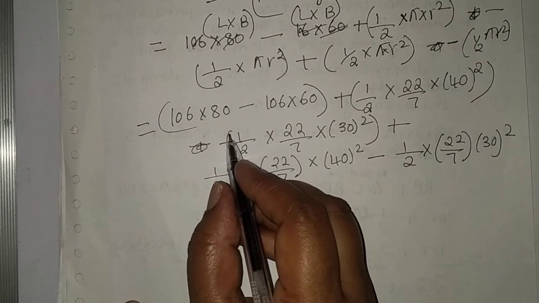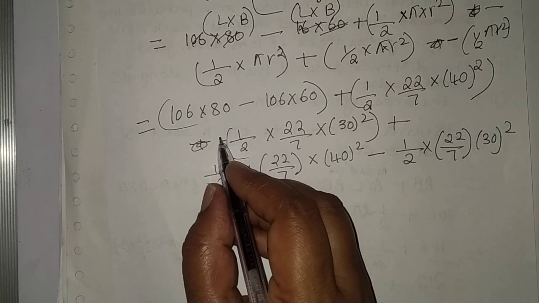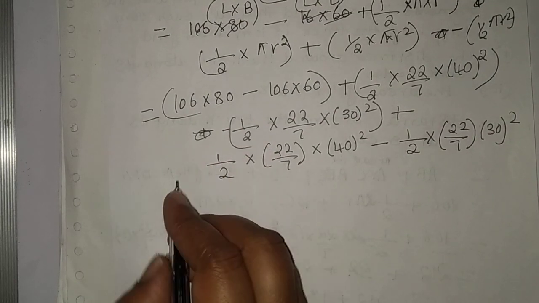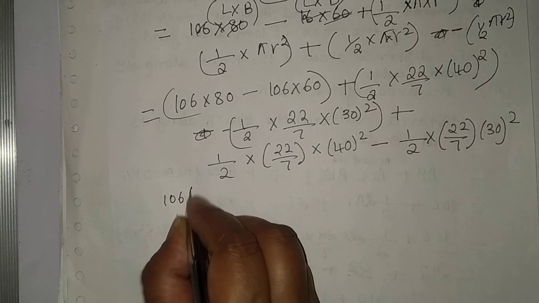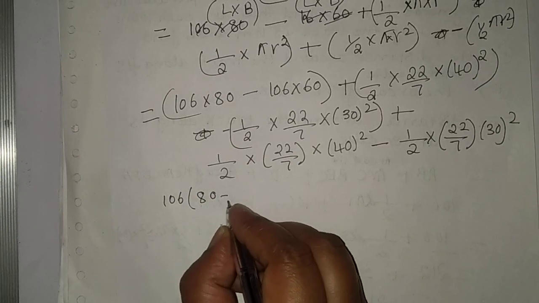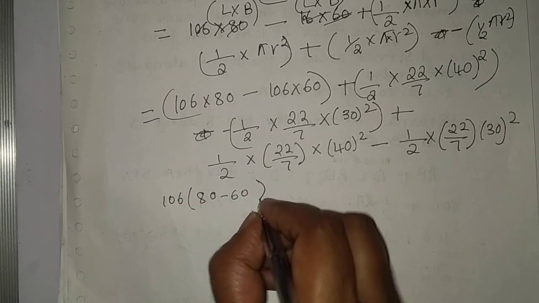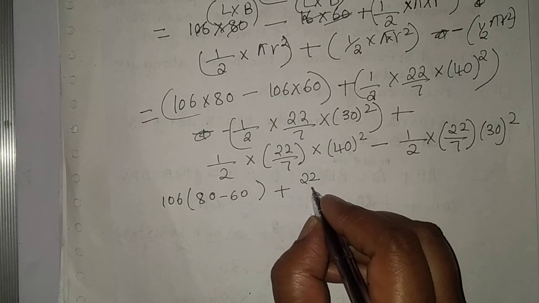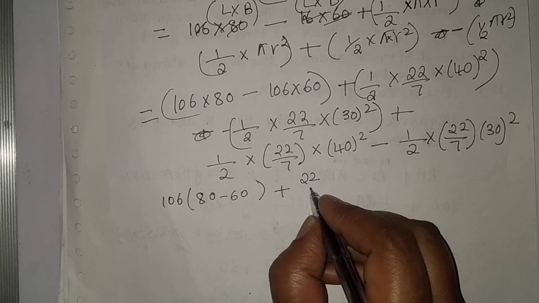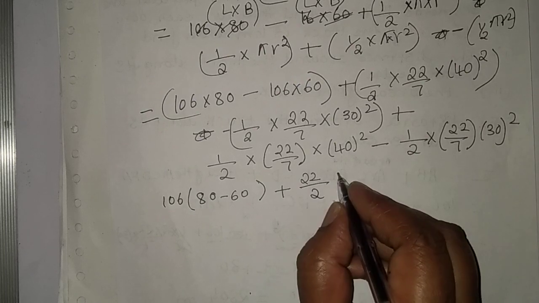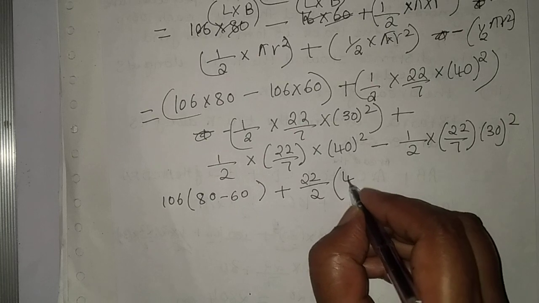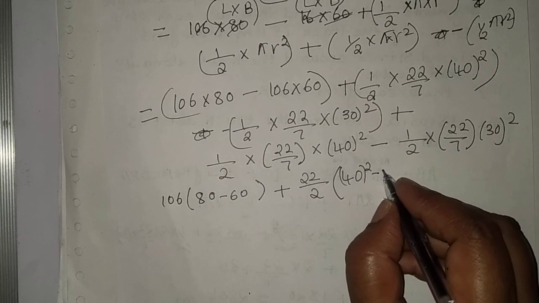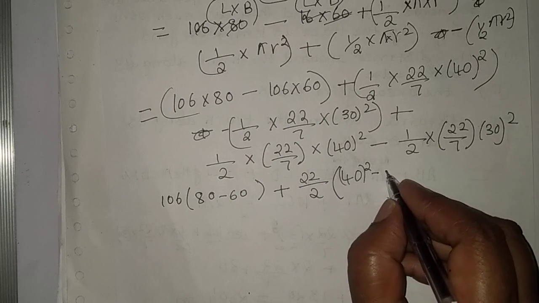Now everything we have to simplify. 106 is common, take it outside: 80 minus 60, then plus 22 by 7 is common, and 40 and 30 are common, therefore we get 40 square minus 30 square, a square minus b square.